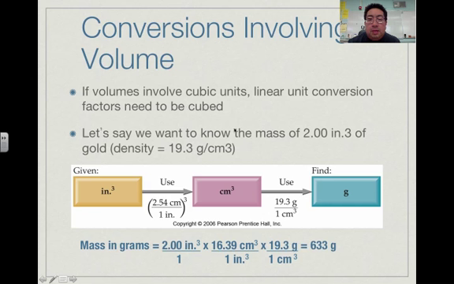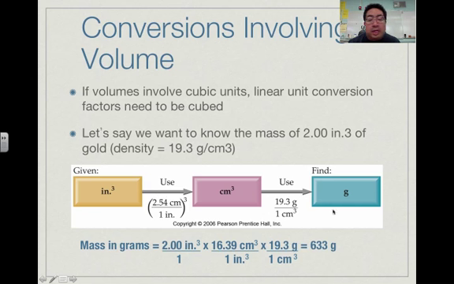Same thing with volume, but what you have to keep in mind is that these are usually cubed numbers when we're dealing with volume. So you can use the same linear equalities, you just have to cube the numbers that go along with them.